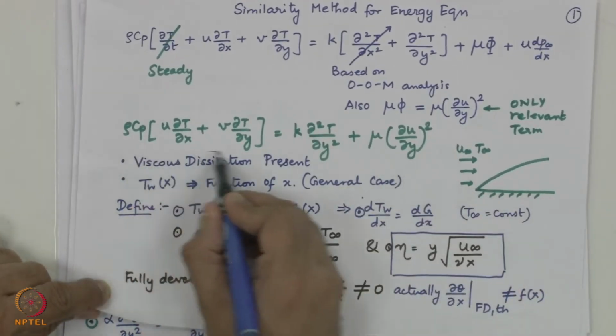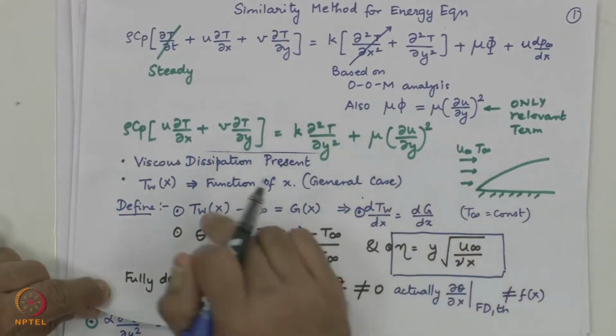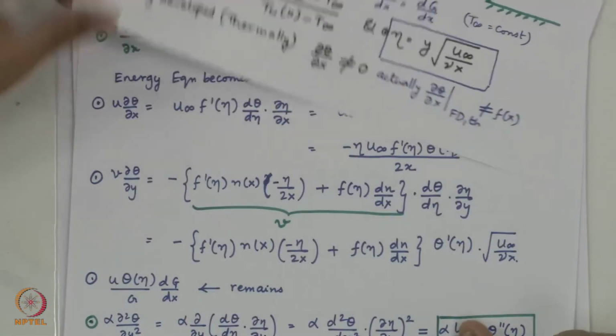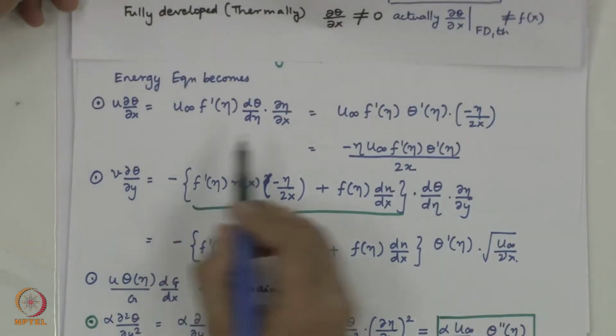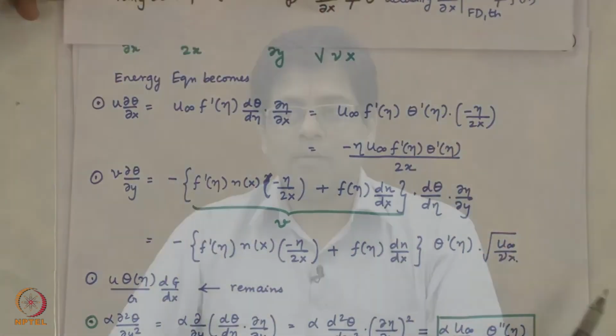We have now written everything in terms of θ and η, and we have several terms left over. Those things will get eliminated, or they will be grouped together to form several groups of terms which have to either be constant or not functions of x and y, so that similarity is satisfied. This will be done in the next module.